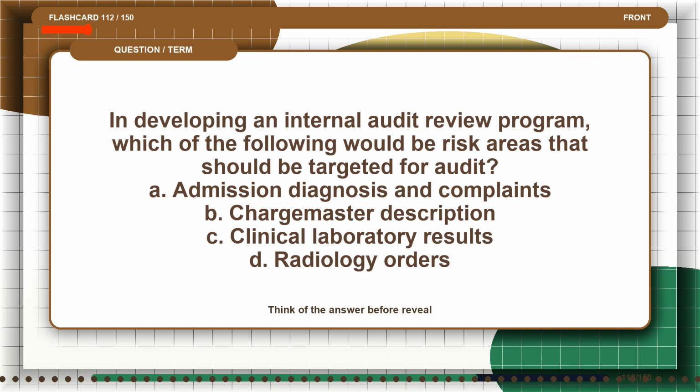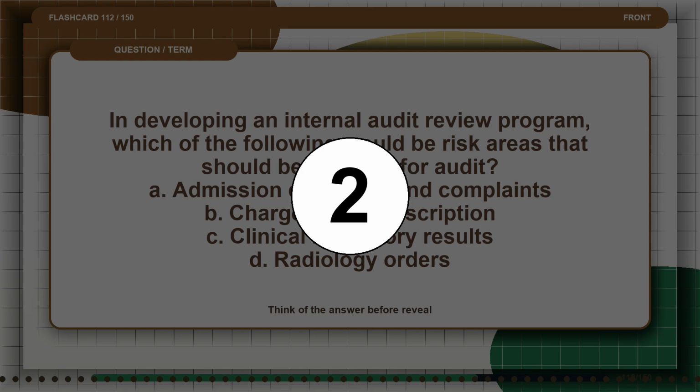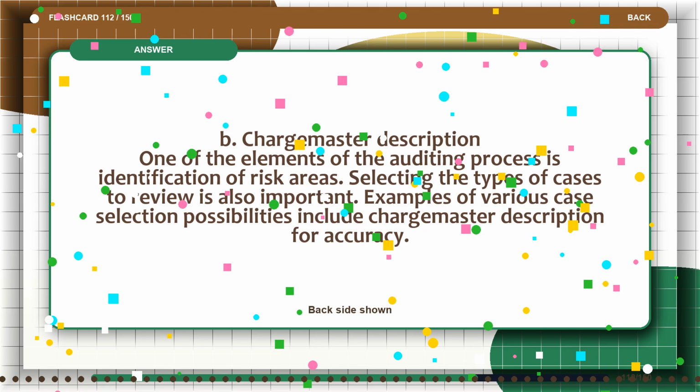Think of the answer before the reveal. The answer is B. Chargemaster description. One of the elements of the auditing process is identification of risk areas. Selecting the types of cases to review is also important. Examples of various case selection possibilities include Chargemaster description for accuracy.